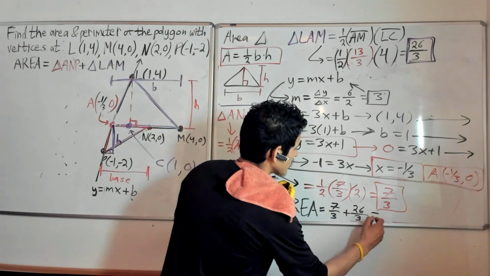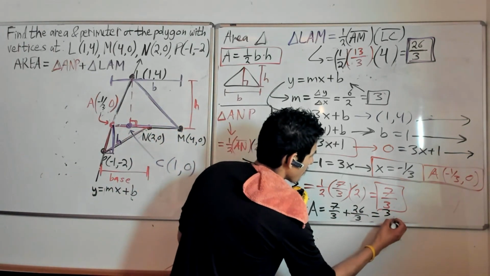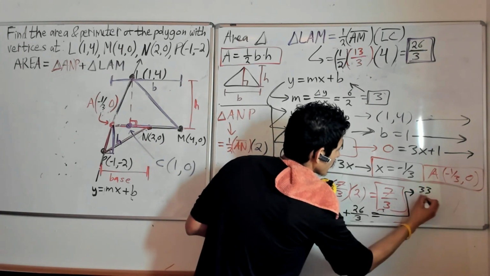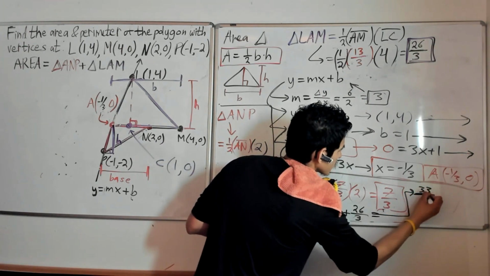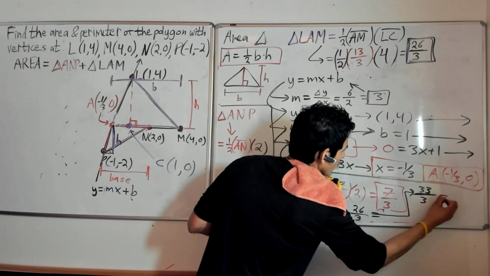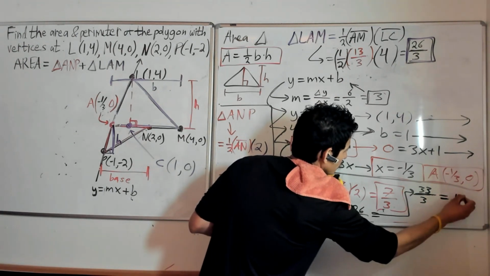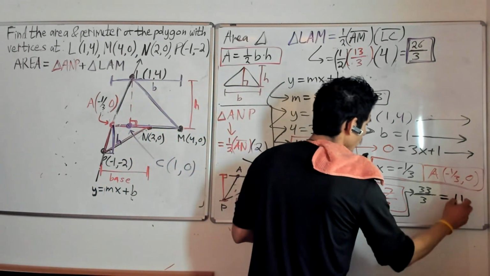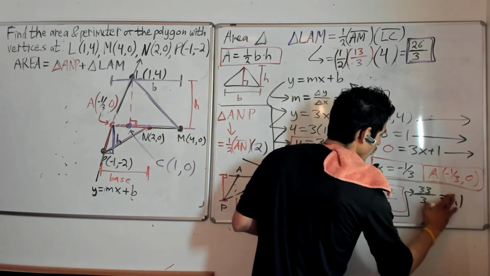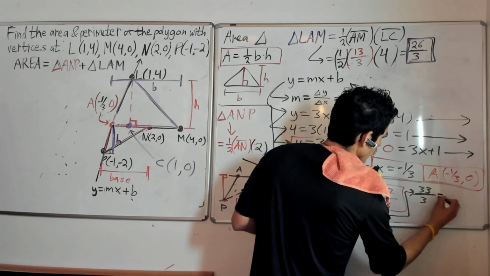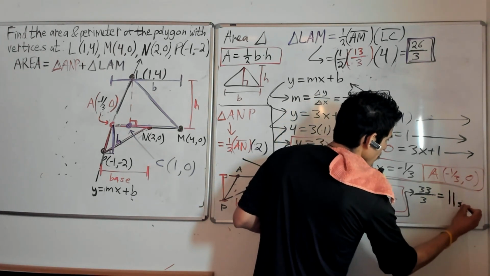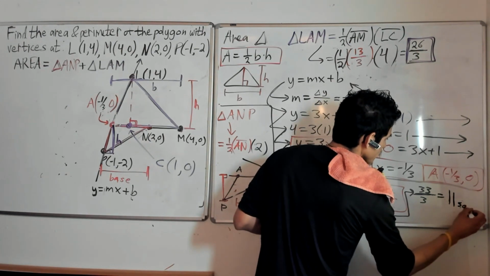And what do you know? It adds up to 33/3, which is just 11. So 11 square units.